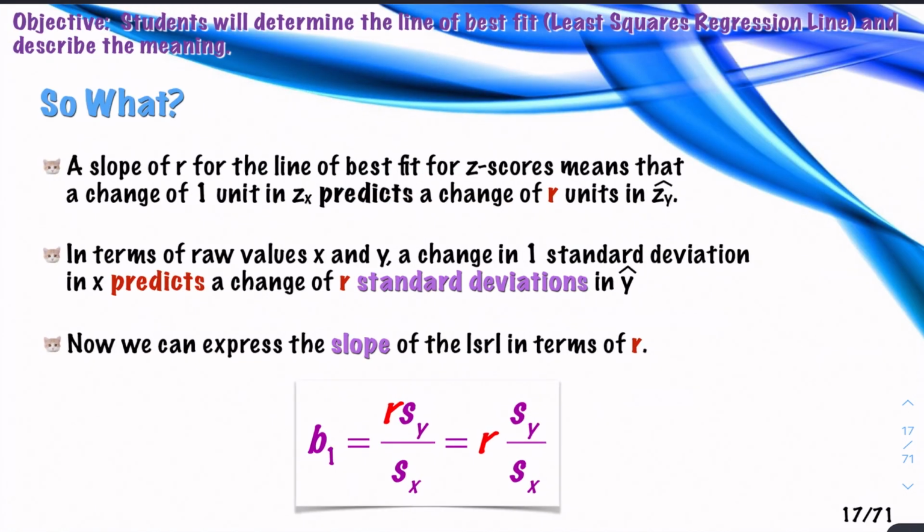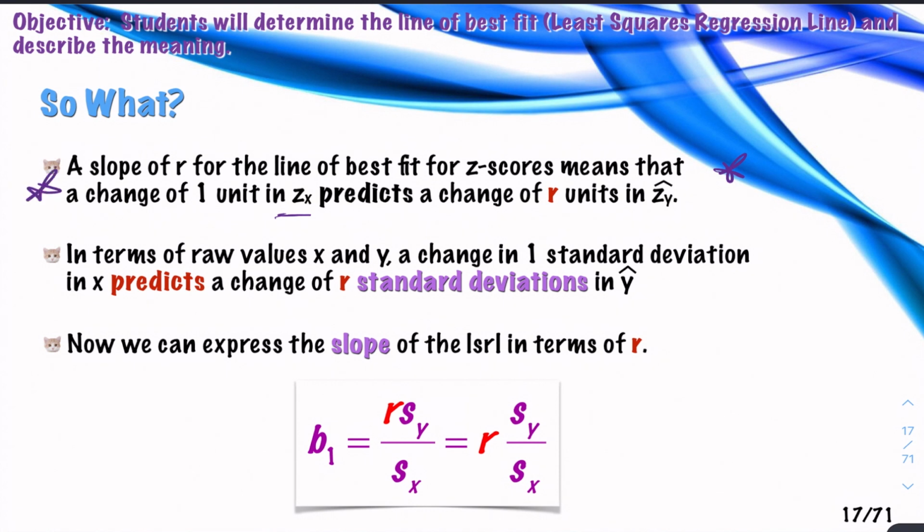So what? As we close up this first video, so what? A slope of R, Pearson's R, for the line of best fit for z-scores means that a change of 1 unit in z sub x predicts a change of R units in z sub y.